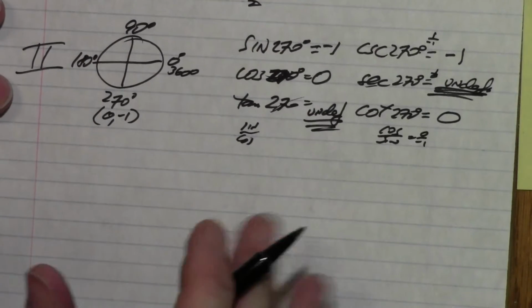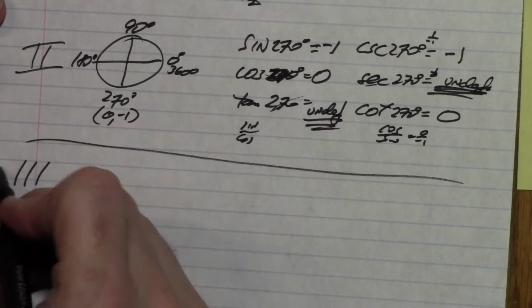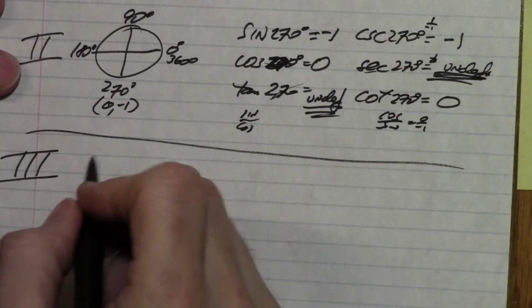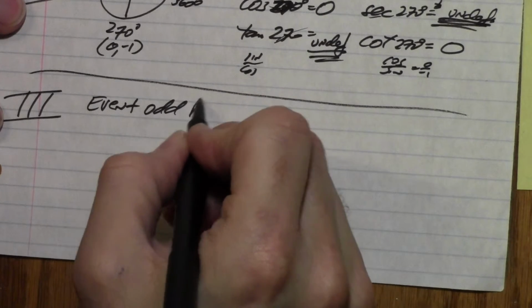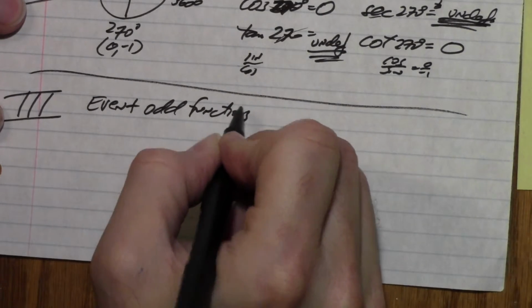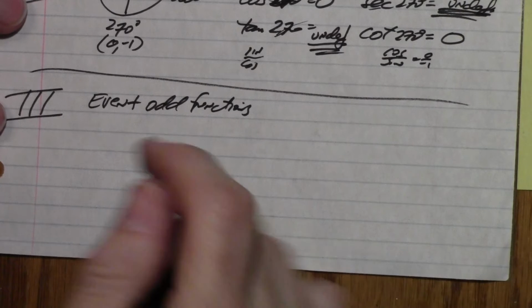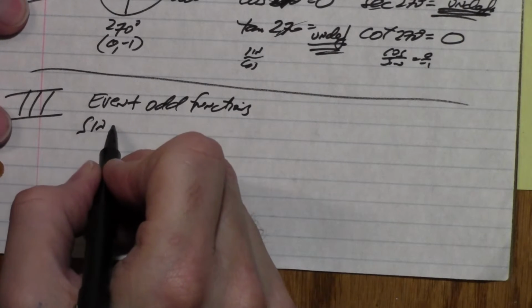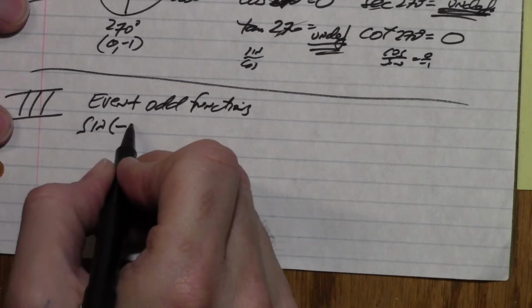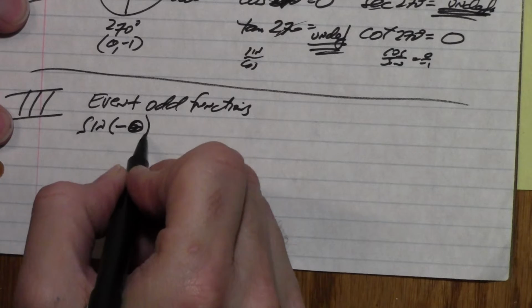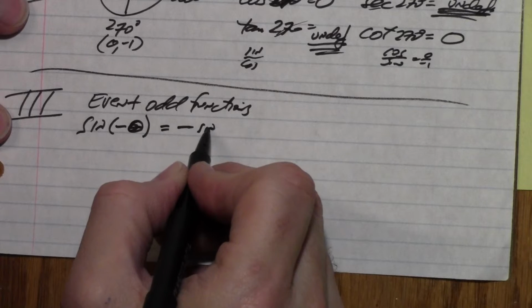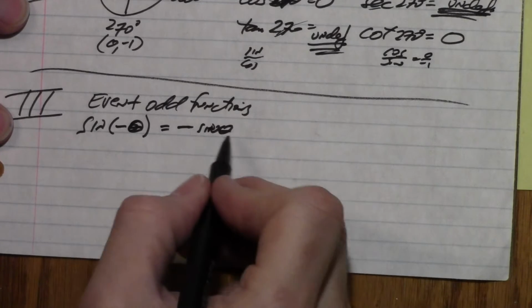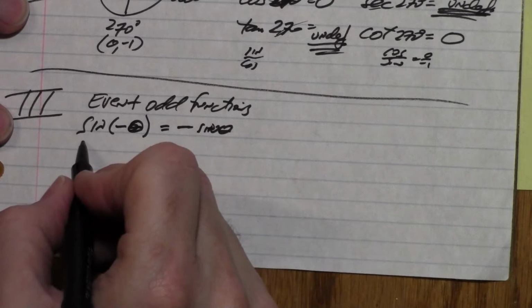Now, let's talk about the third one here briefly. The third one about even and odd functions. So for even and odd functions, the basic rules are this. If you take negative theta, the negative angle for sine, you end up doing negative the amount of sine of theta, whatever the actual amount was in the first place.